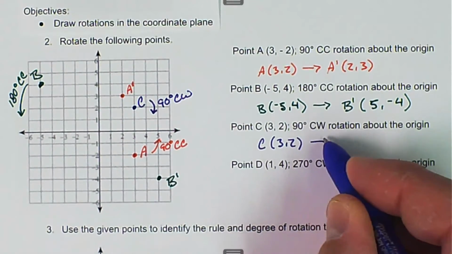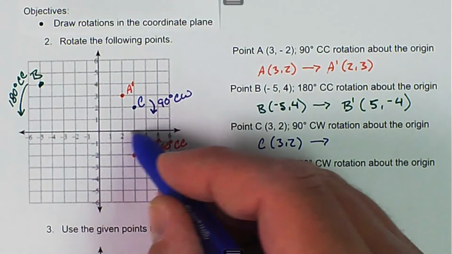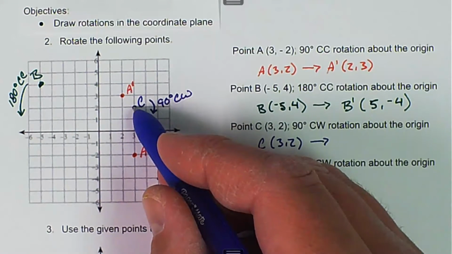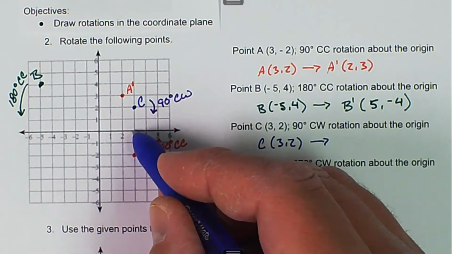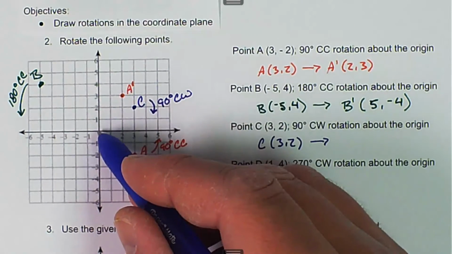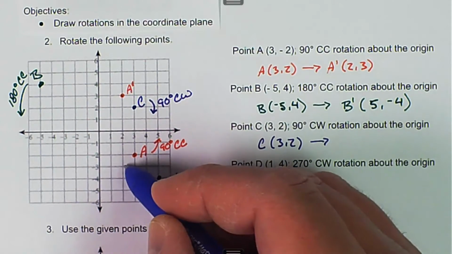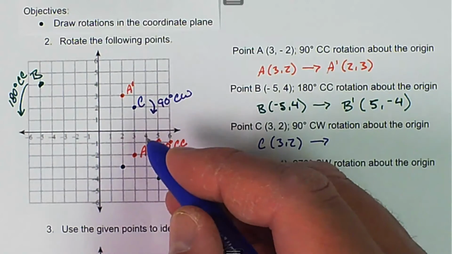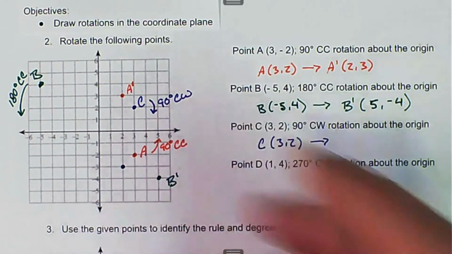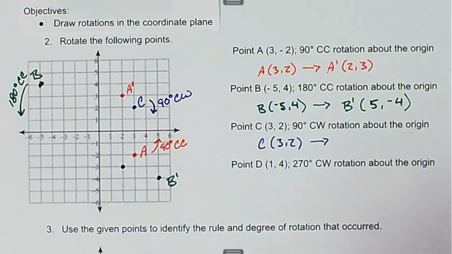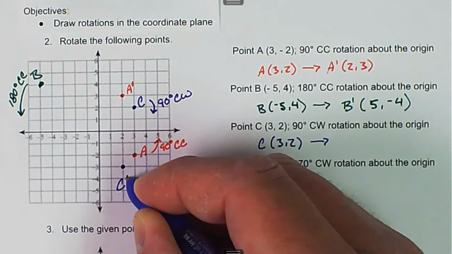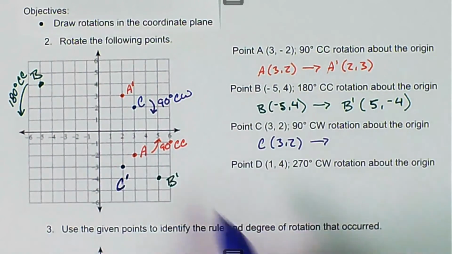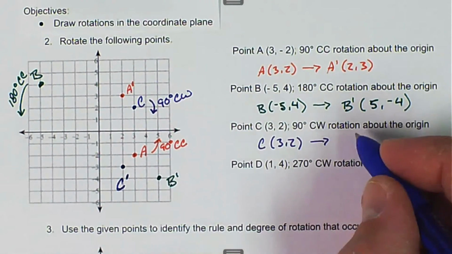And how did we get there? We went out and then turn right. So now we're going to go out and then turn right. And that's going to be C prime. So the coordinates there are going to be (2, -3).